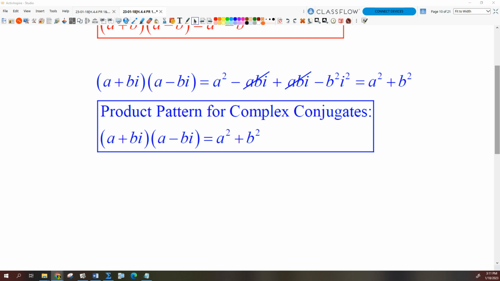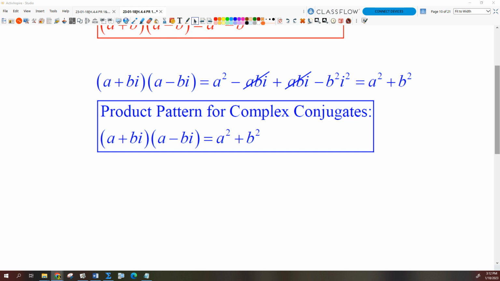Okay, if we FOIL this out, well, the same thing happens. Look, we get A squared minus A times B times I plus A times B times I, if we write the product in alphabetical order, minus B squared I squared. Okay, well, the cross terms cancel, and the I squared turns into a negative 1, and so I end up with A squared plus B squared.